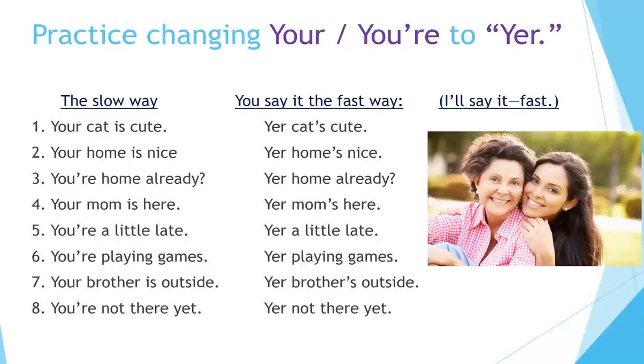You say it the fast way. Now I'll say it. Your cat's cute. Let's try another one. The slow way. Your home is nice. You say it the fast way. Your home's nice.